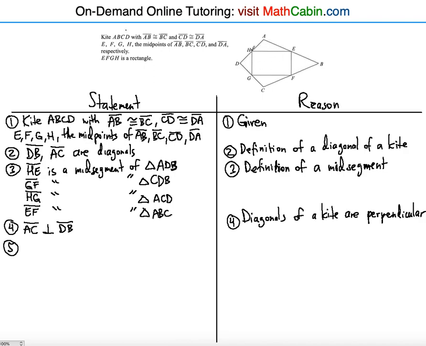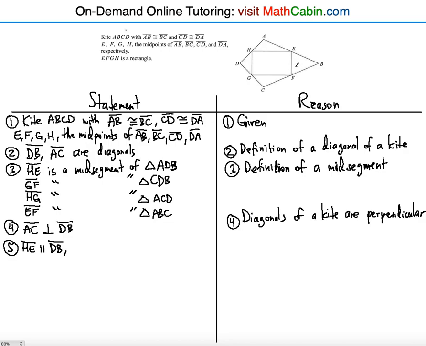Mid-segment HE represents triangle ADB, so it must be parallel to side DB. So we're going to say HE is parallel to DB. And we will have three more such parallel statements. There are four mid-segments, so we will have four of these.